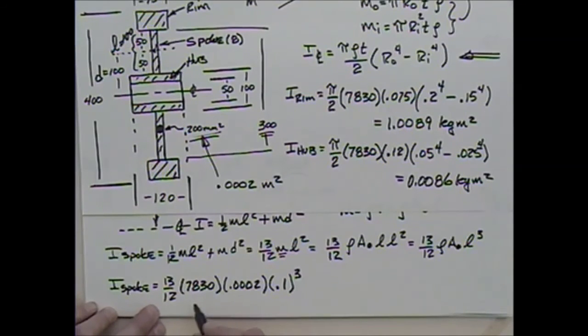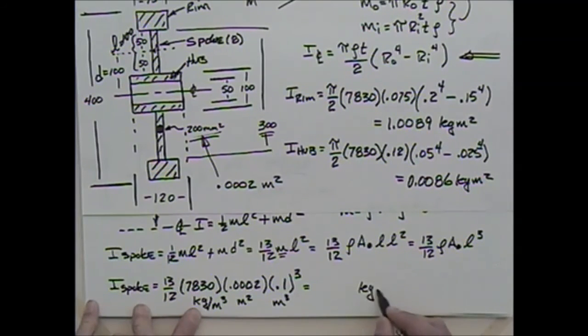Did the units work out on this? This is going to be kilograms per cubic meter. This is going to be meters squared. This is going to be meters cubed. So in the numerator I have meters to the fifth. The denominator I have meters cubed. So I should end up with what? Kilograms meters squared. So that works good.